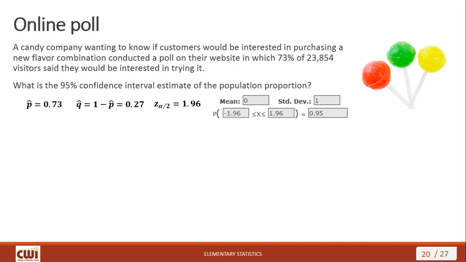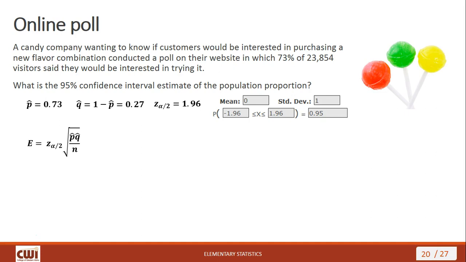We can actually get that number out of StatCrunch by using the normal calculator or going to a z-score table to get the same value. Remember to use the between option when you use the calculator in StatCrunch because we have z alpha over 2. So therefore there are 2 critical values that we need to form our critical area.